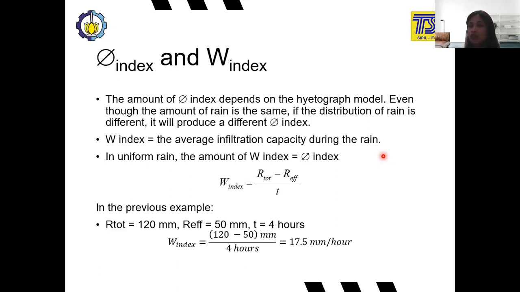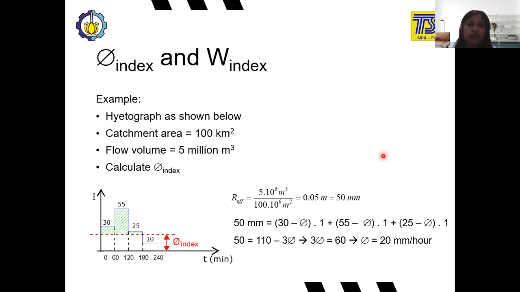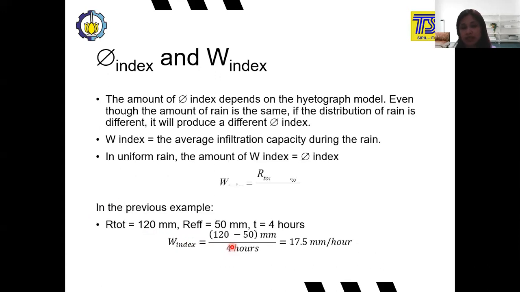But if the rain is uniform, which means the intensity of the rainfall is the same, this hyetograph will not be like this, but like a straight line. For example, at the first hour it's 30 millimeters per hour, the second hour will also be 30, and then 30, 30, uniform until gone. So it will be the same, not fluctuating like this.